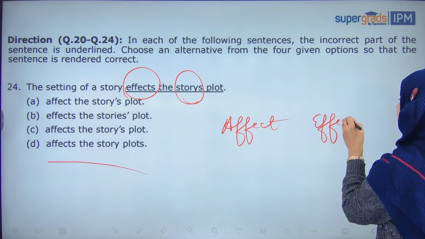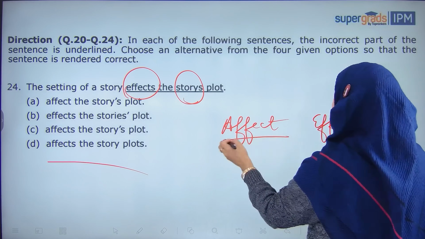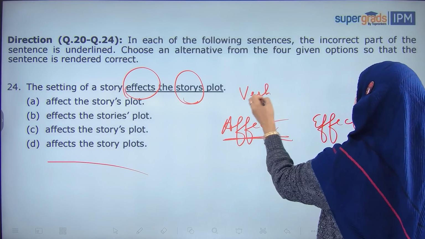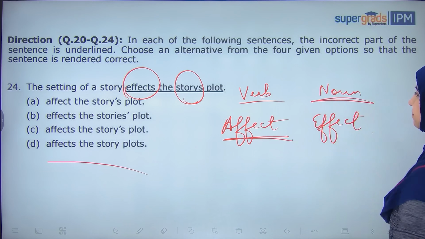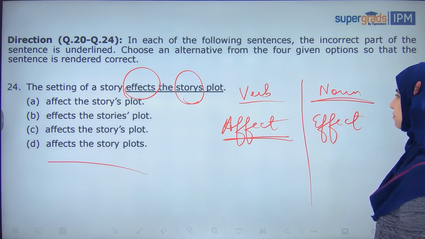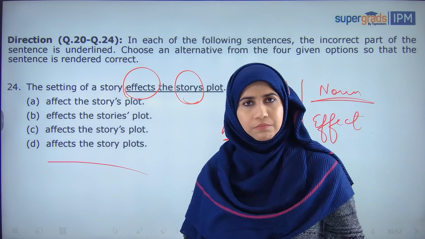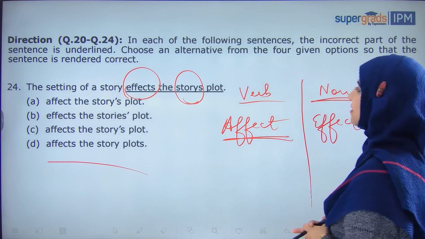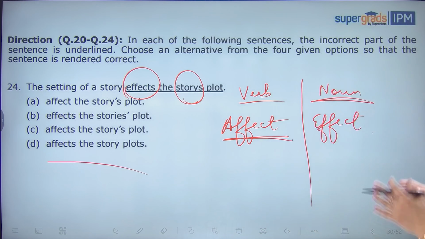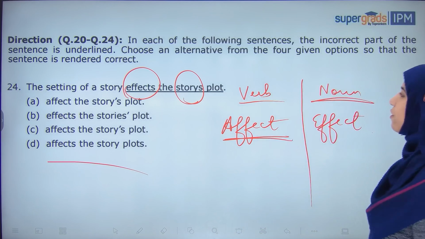And I believe we already know about it. Affect is actually a verb and effect is a noun form. Meaning remains the same in a way. प्रभाव डालना, असर डालना किसी चीज पे. So what it says, the setting of a story has an impact on the story's plot.